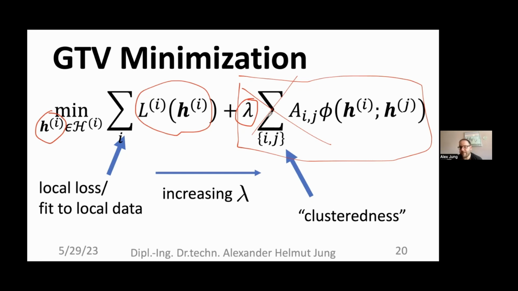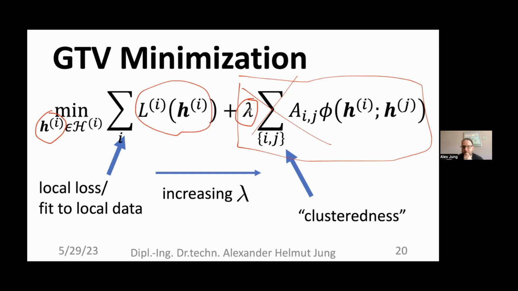So if we make lambda sufficiently large, at some point we will end up with a common trained model that is identical for each local data set. And this is one mode of federated learning. This mode is used by federated averaging, for example, where you train one single model, so you end up with one single model for all clients, basically.